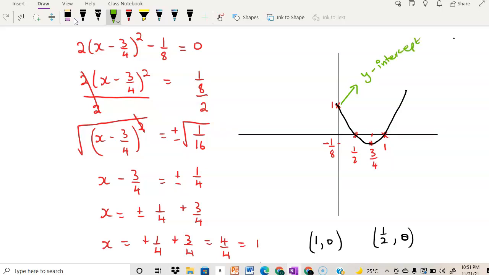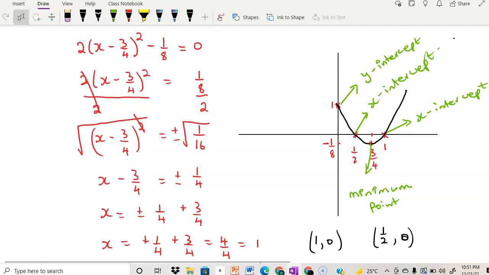Our x-intercept, our minimum point, and we have our x-intercept. All right, guys, and that is pretty much it.